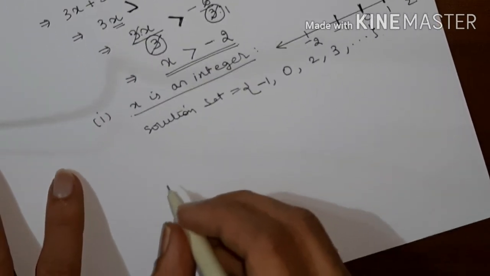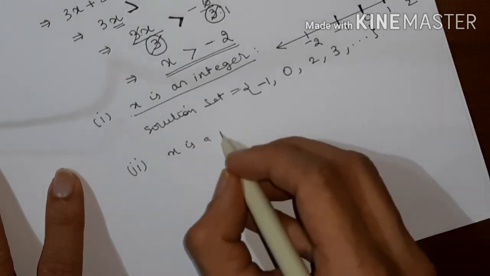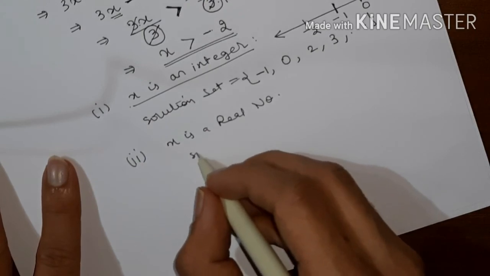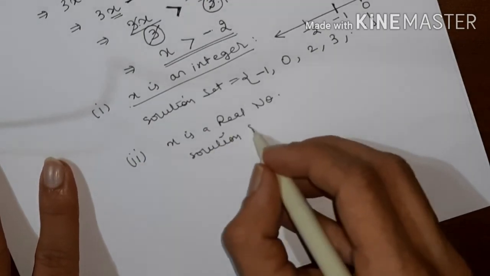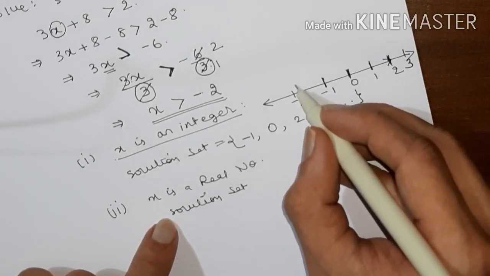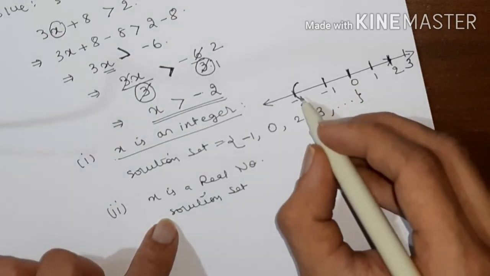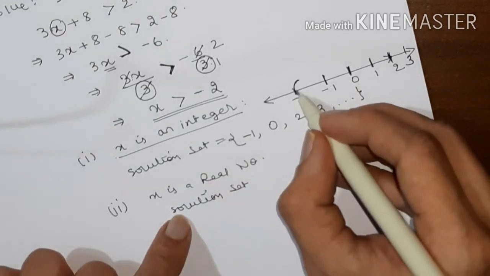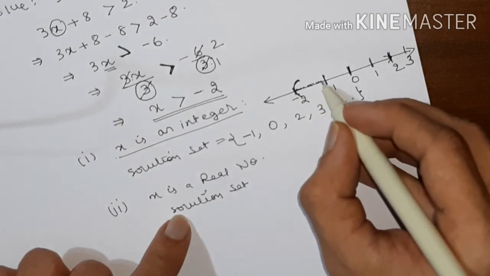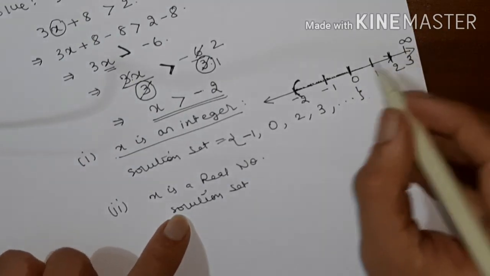Now if you look at the second sub question, that is x is a real number. So the solution set will be what? Now x is a real number, so all irrational numbers, rational numbers, integers, natural numbers, everything. So x will take all the values, starting from -2 up to infinity.